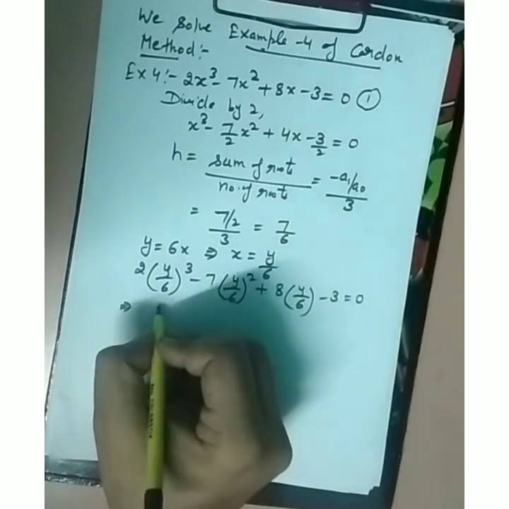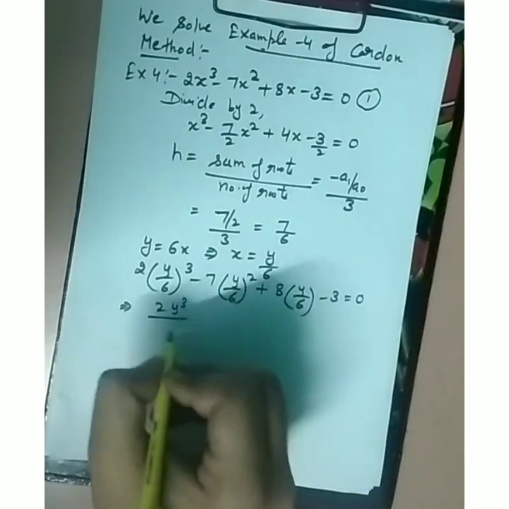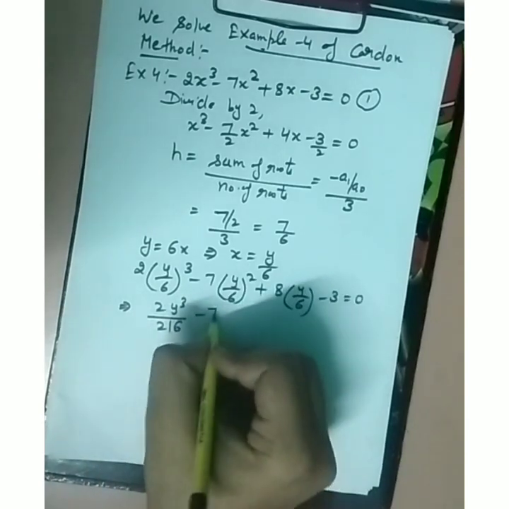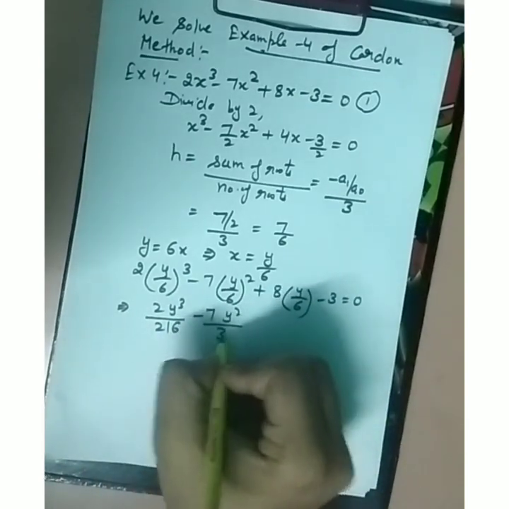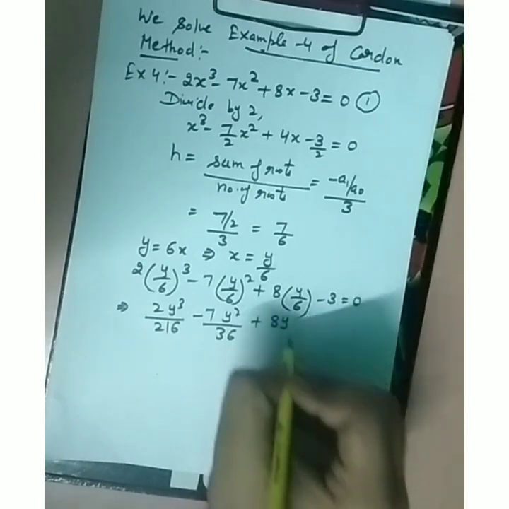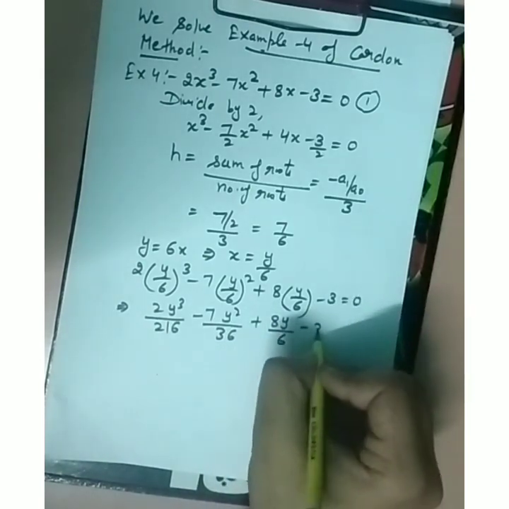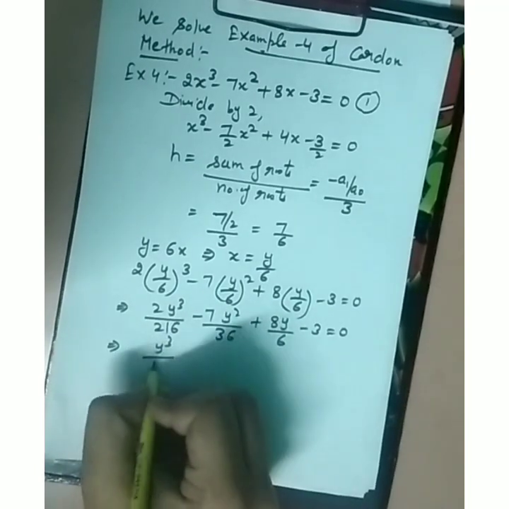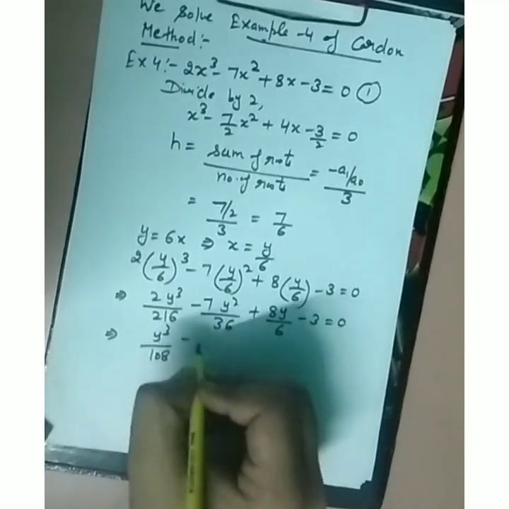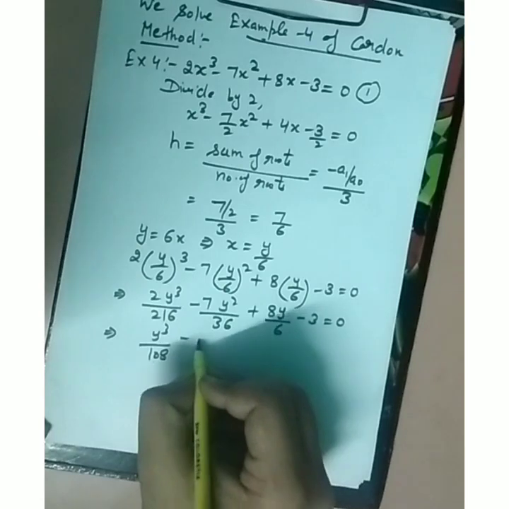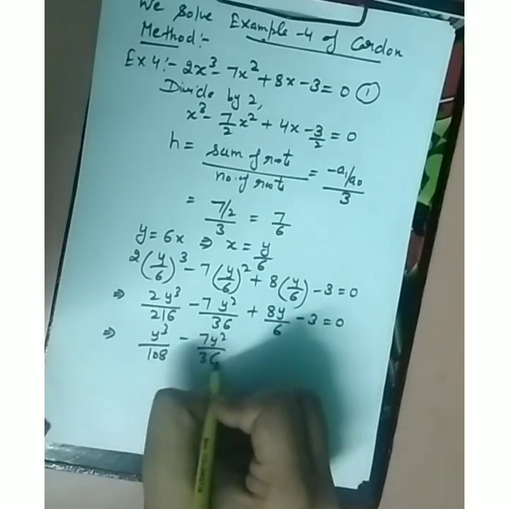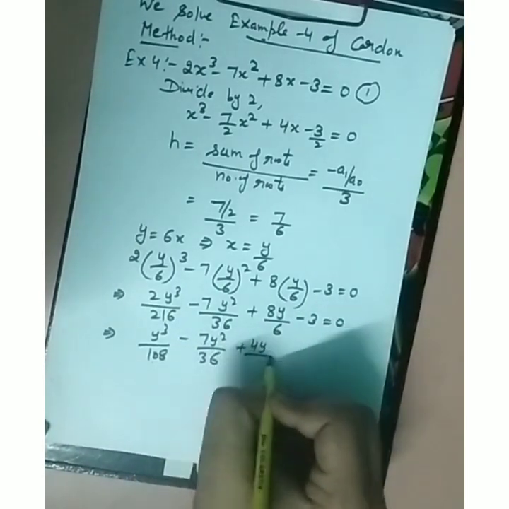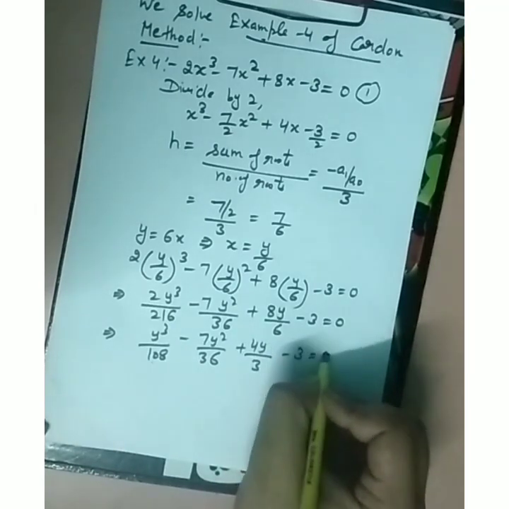So this becomes 2y cube upon 216 minus 7y square by 36 plus 8y by 6 minus 3 is equal to 0. After cancelling, y cube upon 108 minus 7y square by 36 plus 4y by 3 minus 3 is equal to 0.